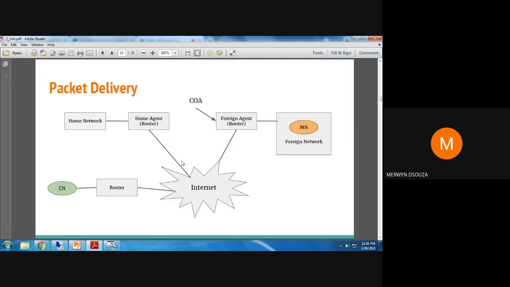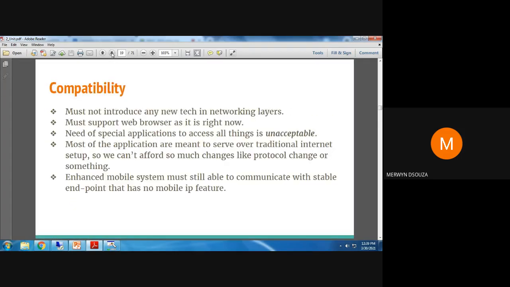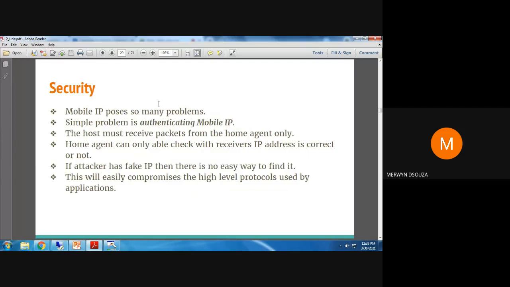The second feature that is required is compatibility. Compatibility means existing technology should be used. Suppose I want to use a mobile, I should not be downloading some new applications to use the mobile. Whatever existing facilities, existing protocols there are, only those protocols should be used. We need not use new technologies or new applications. The next feature that is required is security.